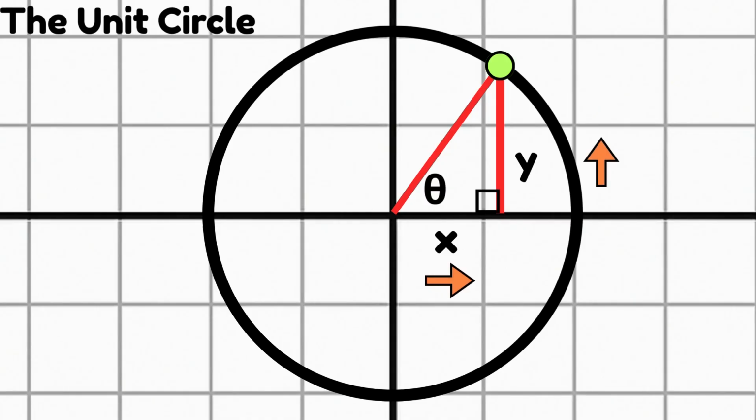So, again, that's the radius, and since it's a unit circle, that blue side is just going to be 1. And that green dot up there can be represented by the coordinate x, comma, y. So that means that the side lengths, the legs of this right triangle, are x and y.